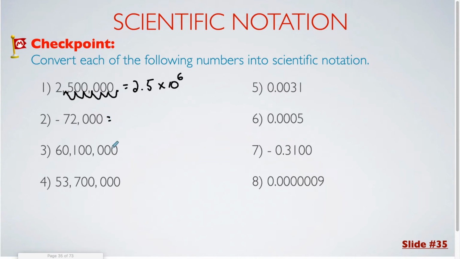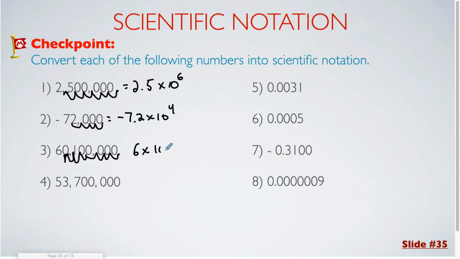For my next example, I'm sliding over 1, 2, 3, 4 spaces. The negative sign remains out in front, so I have negative 7.2 times 10 to the 4th power. In number 3, I'm sliding over 1, 2, 3, 4, 5, 6, 7 spaces.